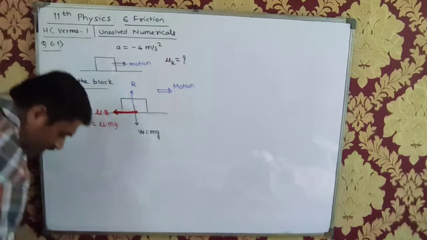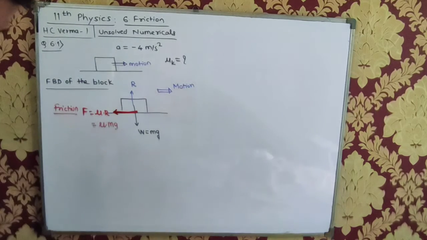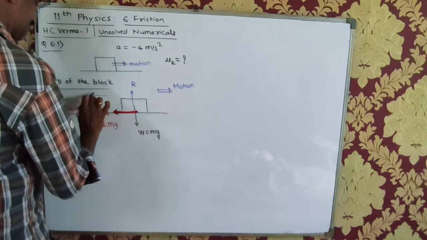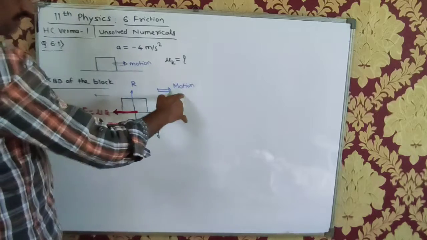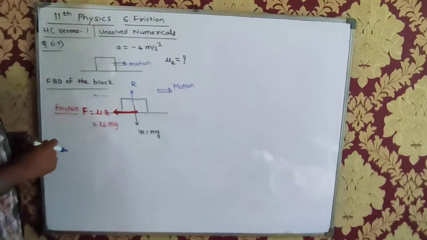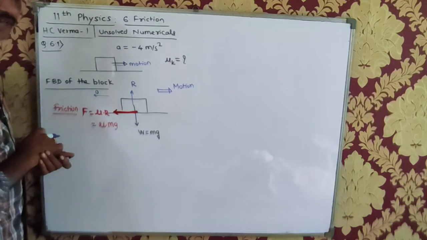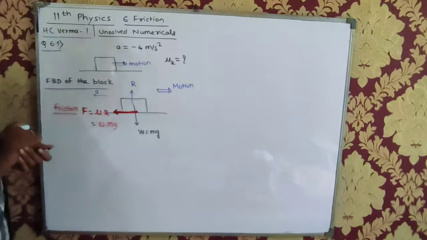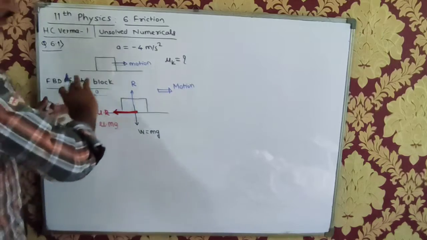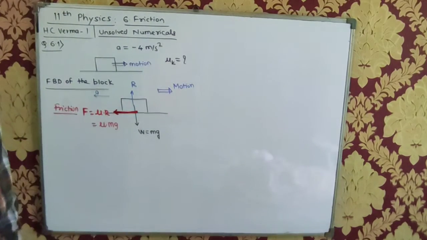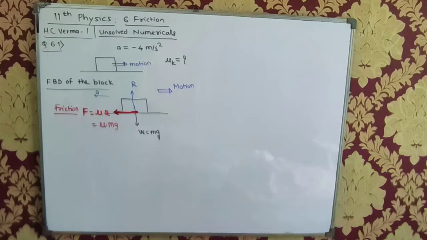Correct? Isn't it? Now, if we say the acceleration is in this direction, because motion is in this direction and it is deceleration. Deceleration is the negative acceleration. So this is the direction of acceleration, negative acceleration. Right? So F is equal to ma. The decelerating motion is here.